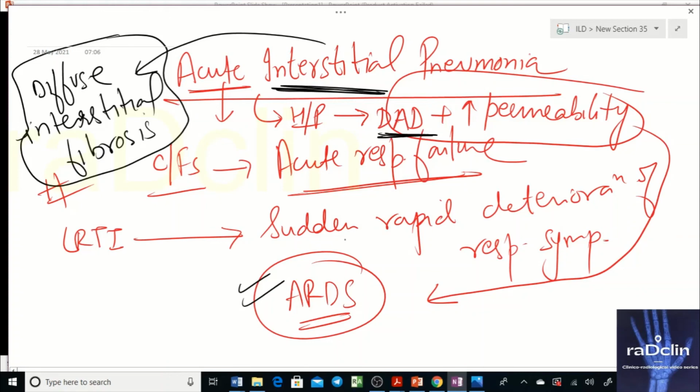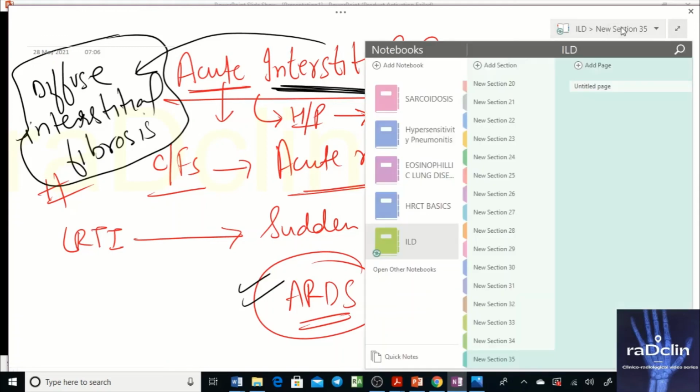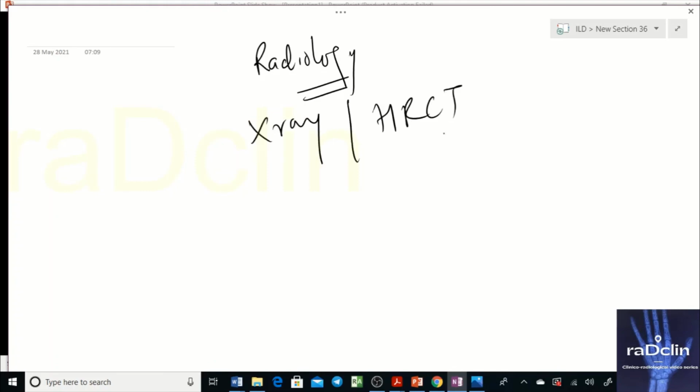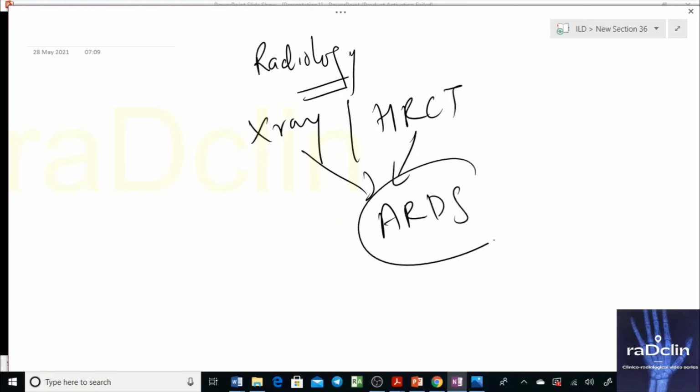Sudden deterioration happens, and the patient is on a ventilator in 1 to 2 weeks. The mortality is also high. If you ask me what the radiology will be, whether you have an X-ray or an HRCT, the findings will always be of ARDS. Whatever you know about ARDS will be there.